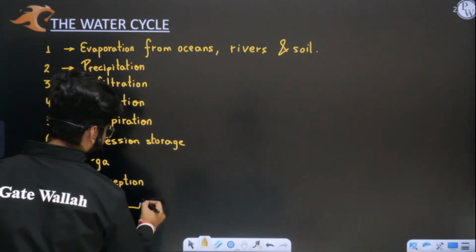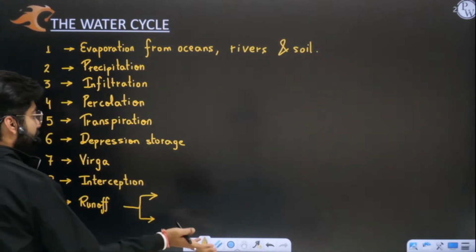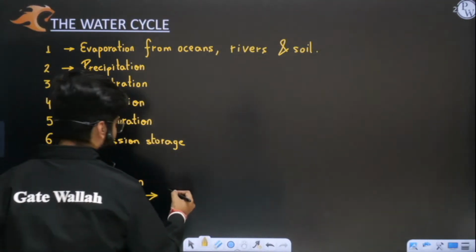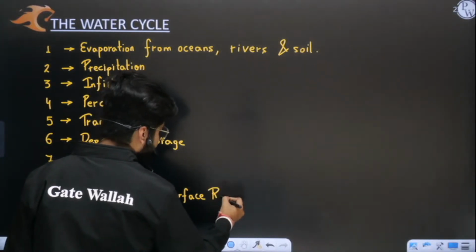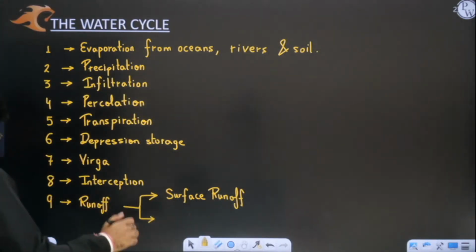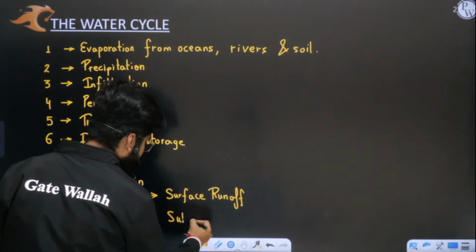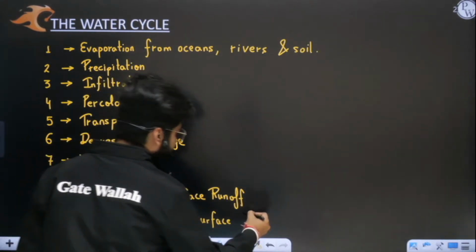And sir, you are saying we have two kinds of runoff. Water runs off either above the surface, which is nothing but surface runoff, or below the surface, which is nothing but subsurface runoff.